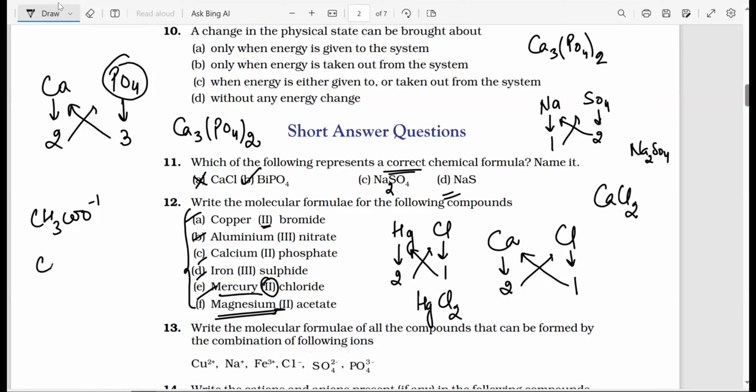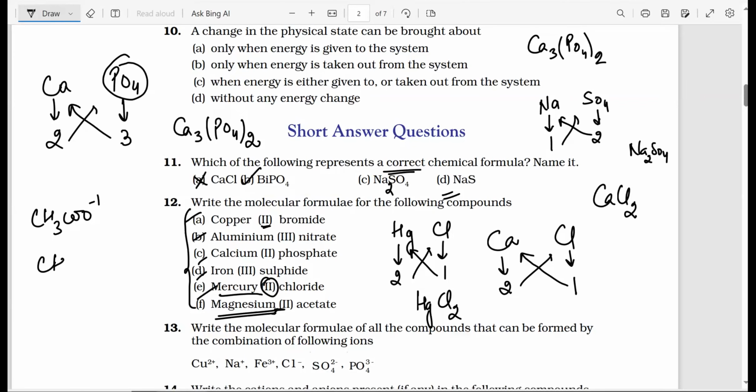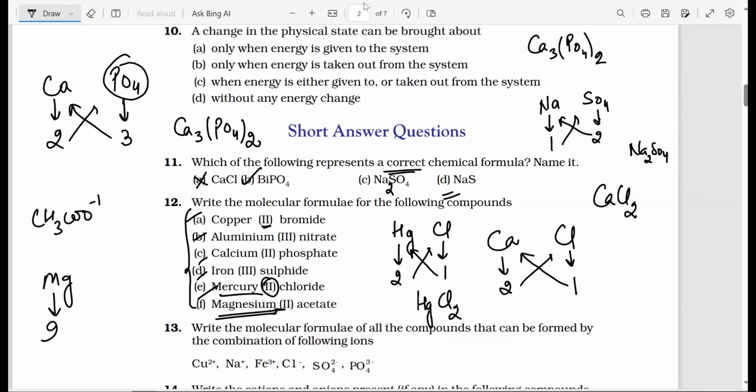So if we have magnesium acetate, we'll write here magnesium, Mg. What is the valency of magnesium? 1, sir. It has 2 valency. 2. And acetate is CH3COO -1.